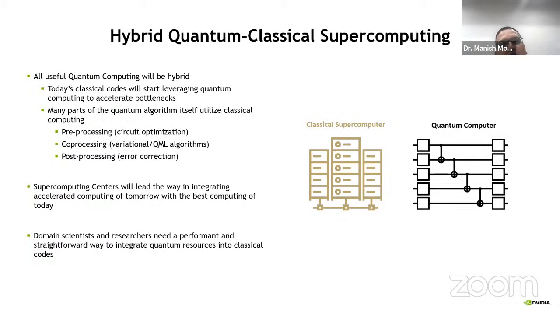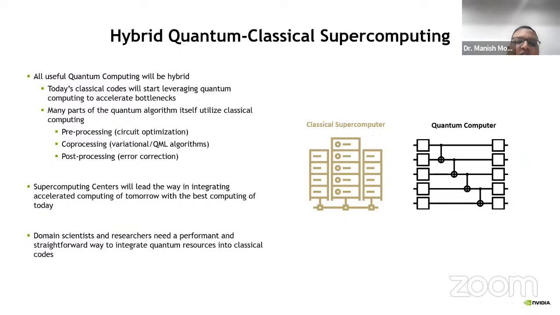Now I would like to come towards QODA. As I mentioned before, the future will be hybrid, where any application has parts such as pre-processing, co-processing, and post-processing. In that, only the co-processor part, the quantum algorithms, will be offloaded on the quantum computer.